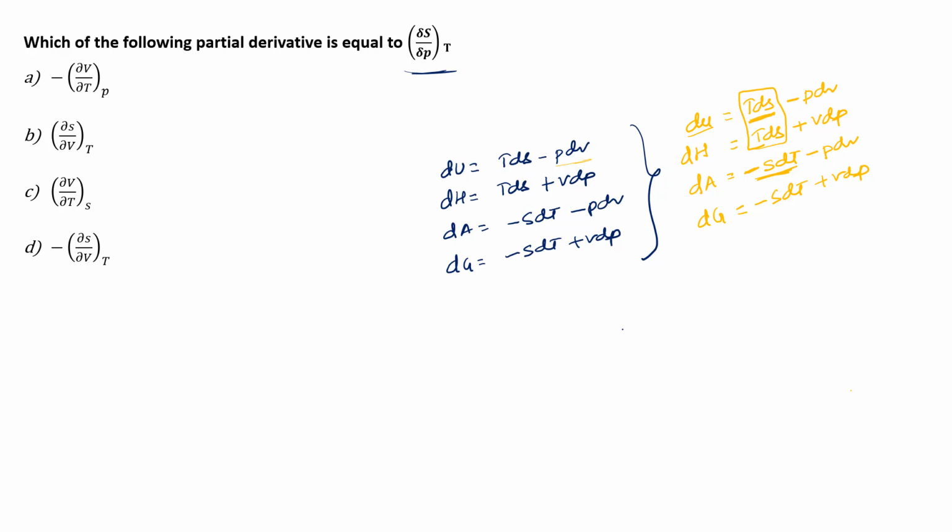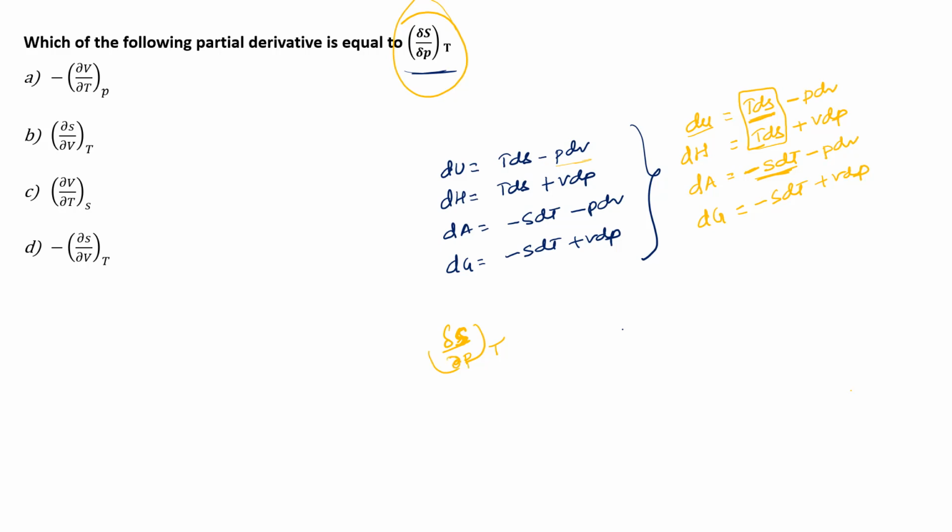Okay, now guys, to calculate this del S by del P at constant temperature, you see which equation will be favorable here. Whenever a term like del S by del P at constant temperature is needed, you will have to find this entropy first. S should be independent, not in differential form.